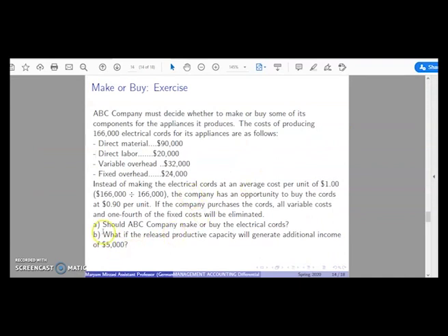This is for the first part. So in the first part, we had $1,400 more in case of buying. Therefore, we decided to make the product.